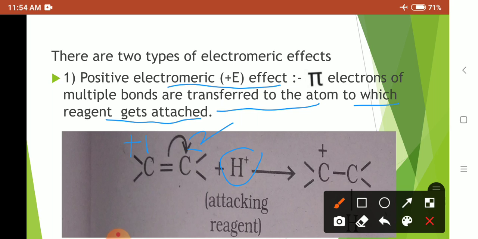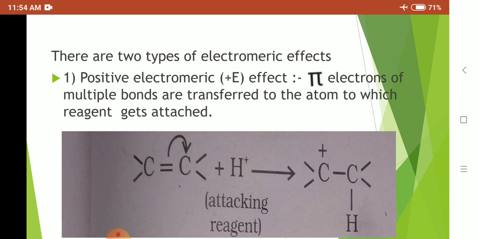So the attacking reagent is H plus. Therefore H plus goes to the carbon having minus charge here. The plus charge is on the first carbon, but H plus goes to the second carbon. The negative charge is on the second carbon, and H plus goes there. So what does plus effect mean? Pi electrons of the multiple bonds are transferred to the atom to which the reagent gets attached.